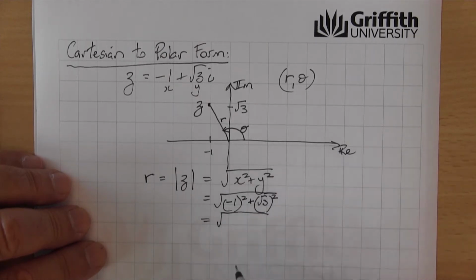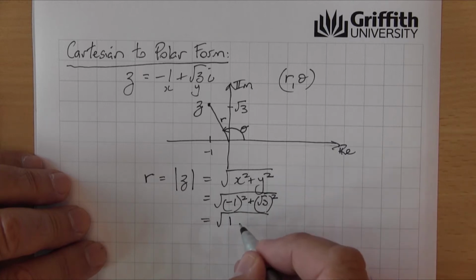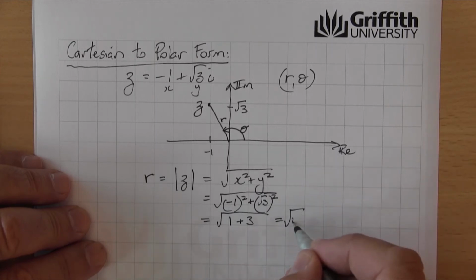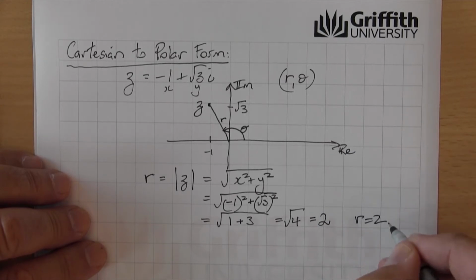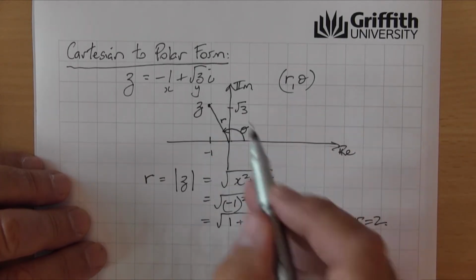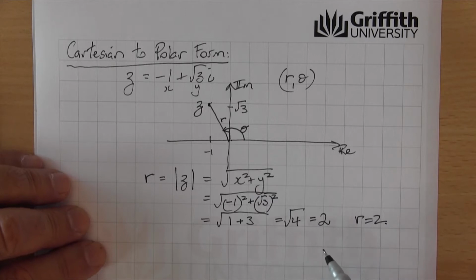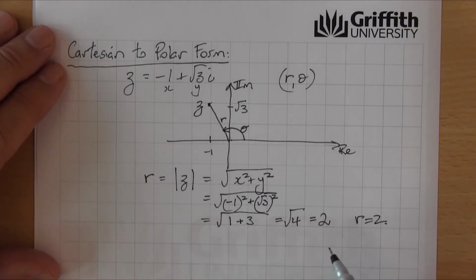So that'll be equal to the square root of, -1 squared is 1 plus root 3 all squared is just 3. So that's root 4, which is equal to 2. So I've got r equals 2. So I know the length from there to there will be equal to 2. So I've got the first part of the polar form.